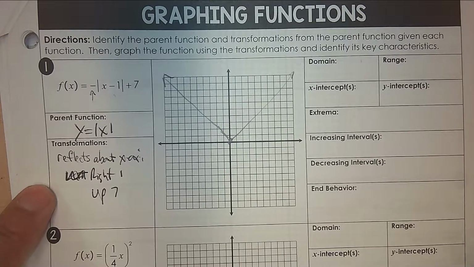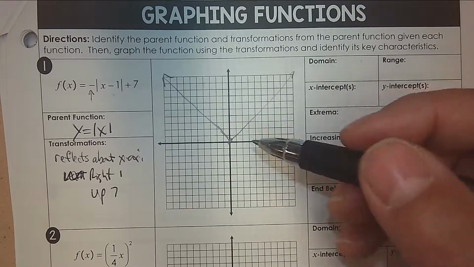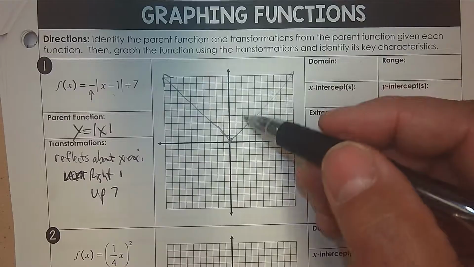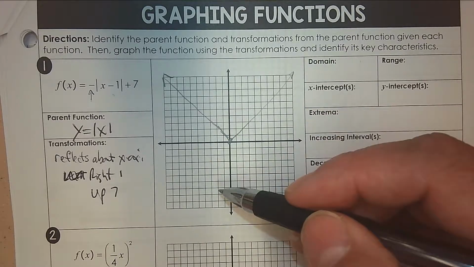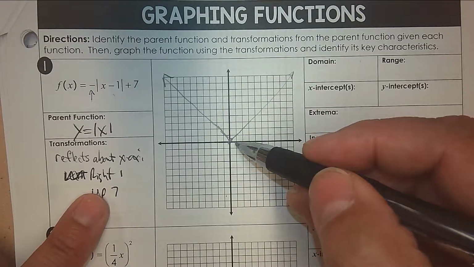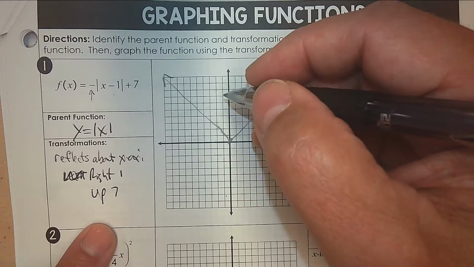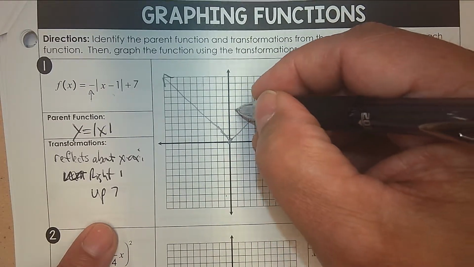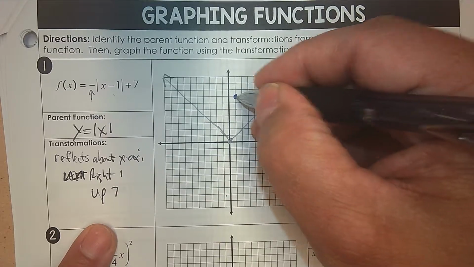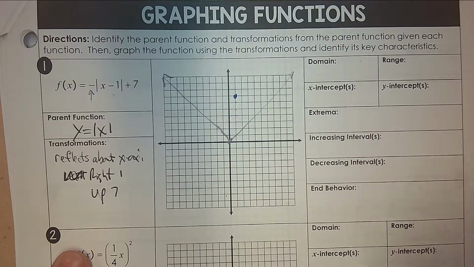So first of all, if it's going to reflect about the x-axis, it's now going to reflect down. And not only that, after it reflects down, it's going to go to the right one and up 7. So to the right one and up 7. And then from there, instead of pointing up, it would point down.